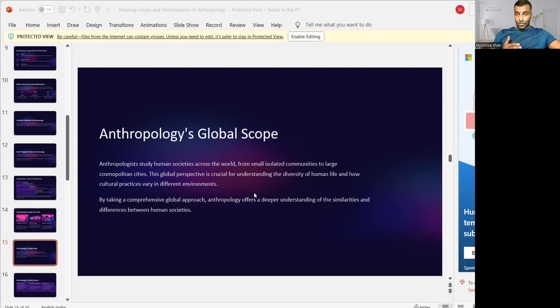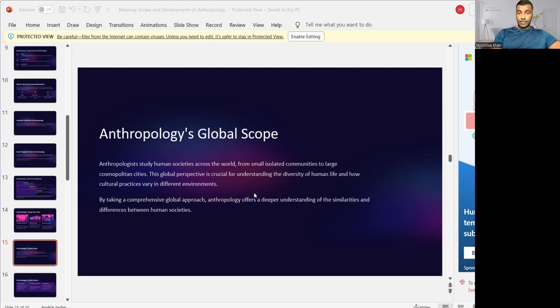You're studying across time and across space, which eventually helps the anthropologist offer a comprehensive understanding of humanity, highlighting similarities and differences between societies here and there, South India to North India, India to other countries, or Asia to other continents. That's how it is done.